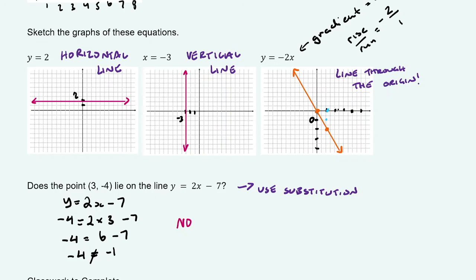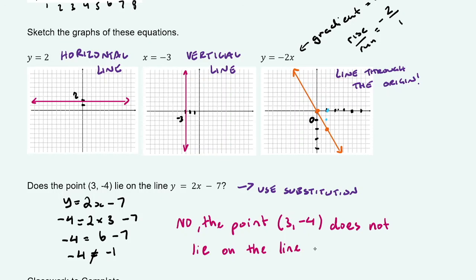If those two sides were equal, it would lie on the line, but it doesn't, so no. The point 3, minus 4 does not lie on the line y equals 2x minus 7. That's all that needs.